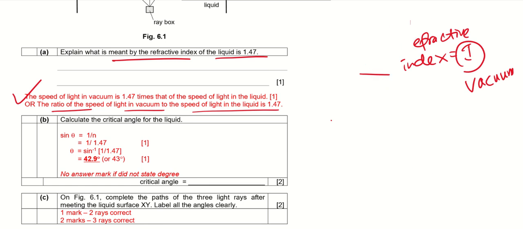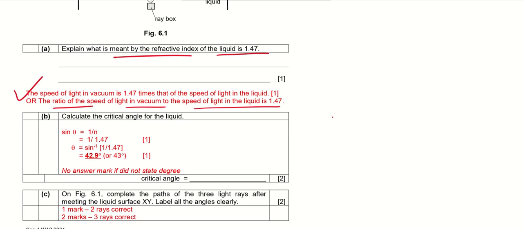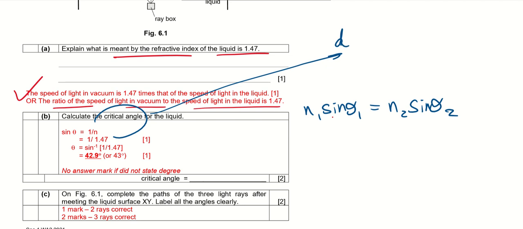Okay, part B, they want us to calculate the critical angle for the liquid. So they use this formula sine theta equals 1 over N. But I will stick to my N1 sine theta 1 equals N2 sine theta 2. By the way, you also need to know the definition for critical angle. If you know the definition, you understand what it means.